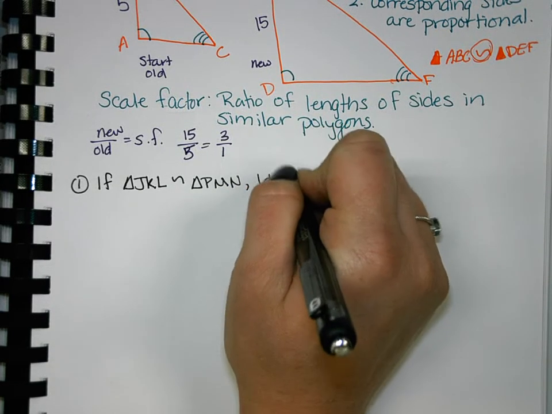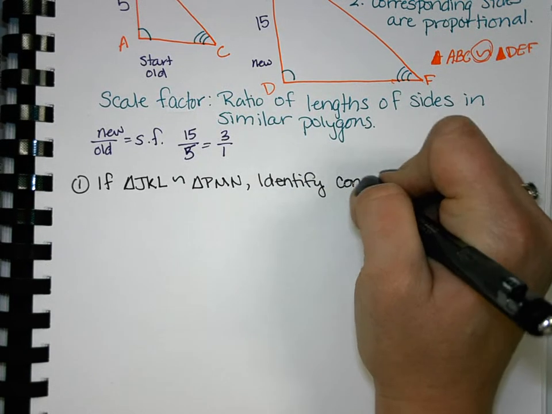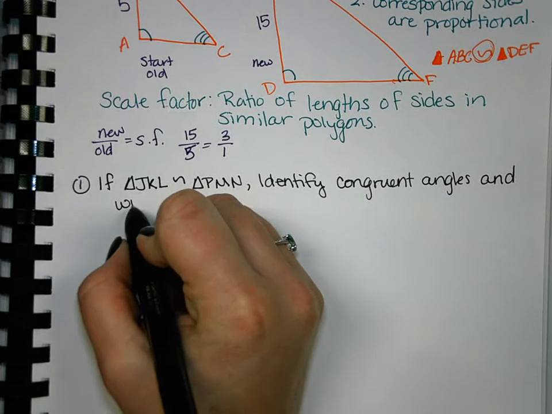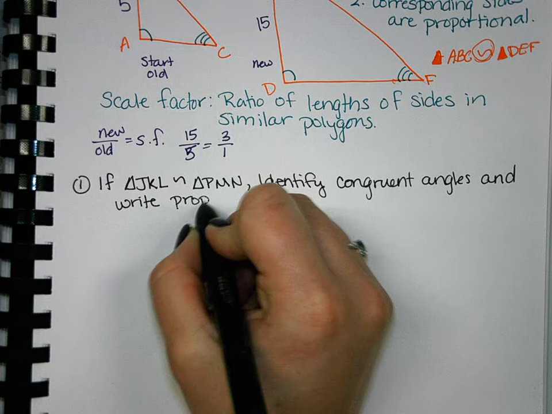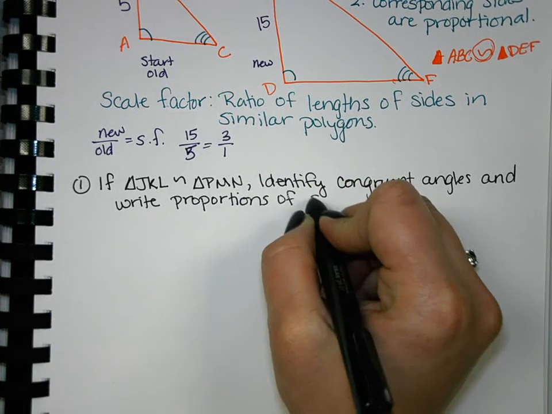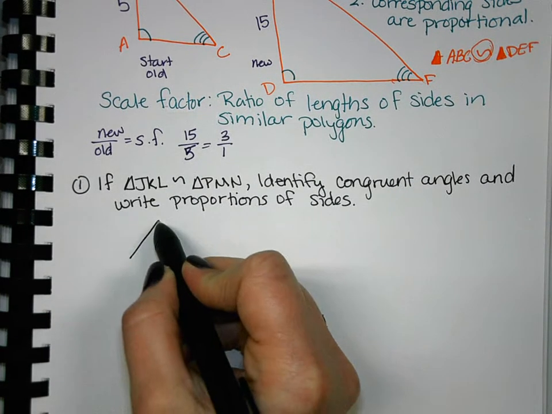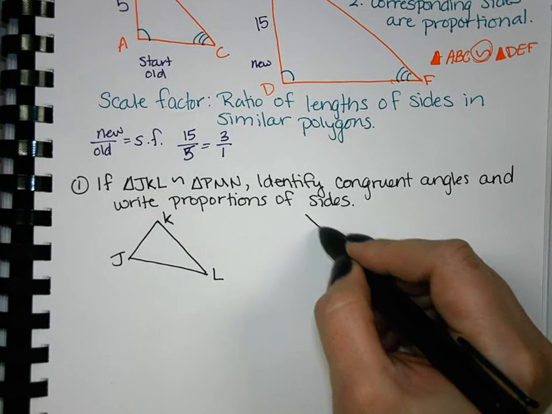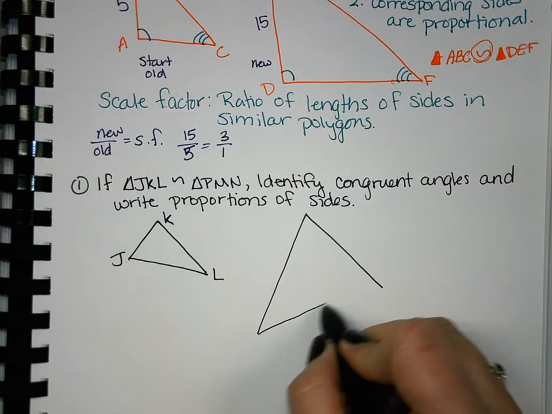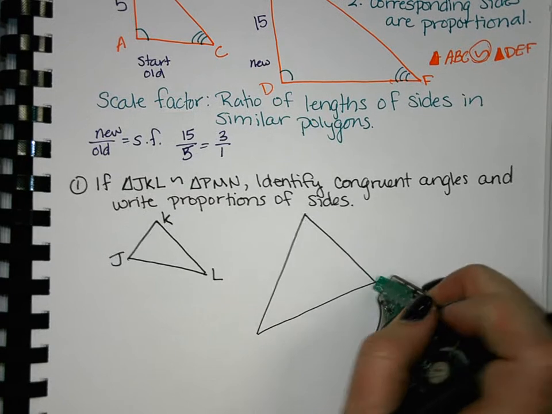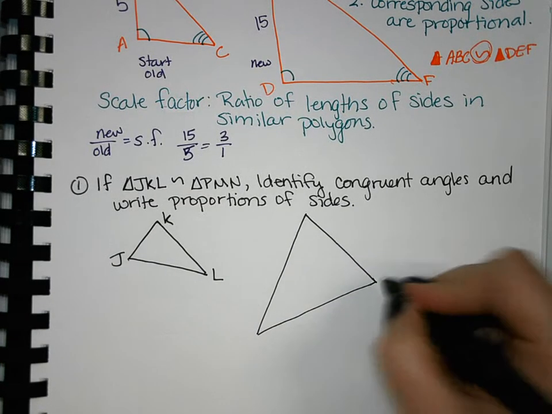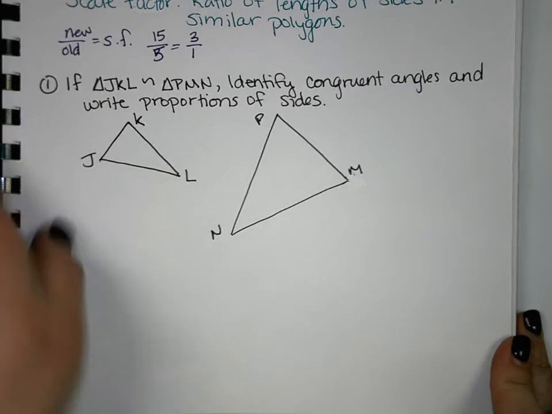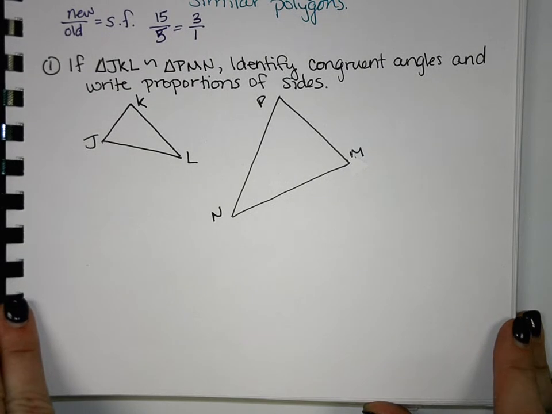And we're going to identify congruent angles and write proportions of sides. So there are our two triangles.